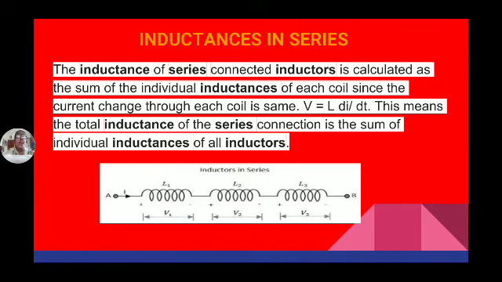The voltage developed in the inductor is given by V = L di/dt, where L is the self inductance of the coil. This means the total inductance of the series connection is the sum of the individual inductances of all inductors.